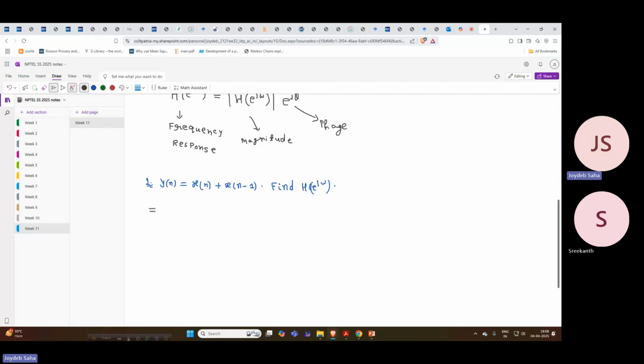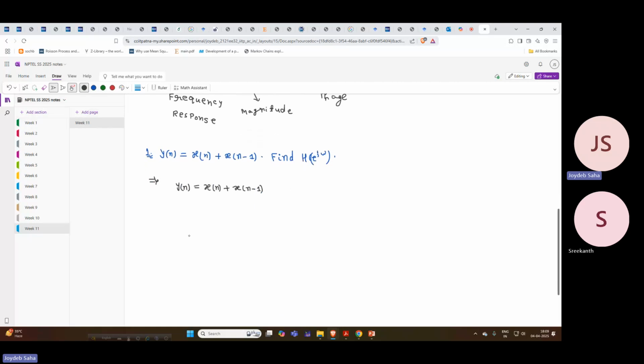So let us try to solve this problem. It is given that y[n] is equal to x[n] plus x of n minus 1, and apply DTFT.